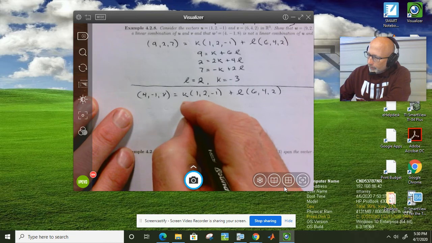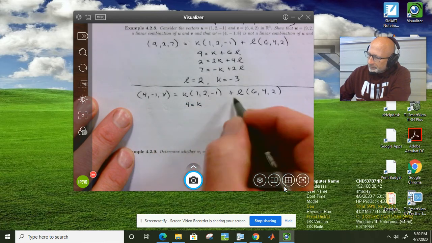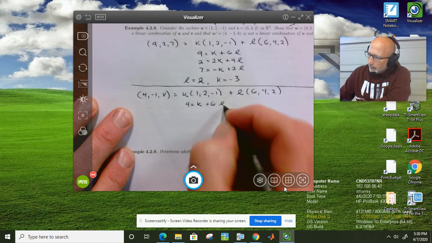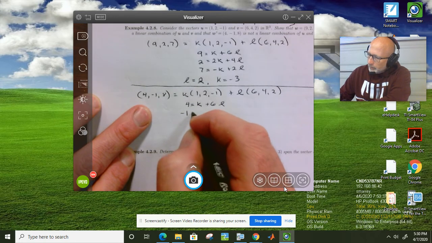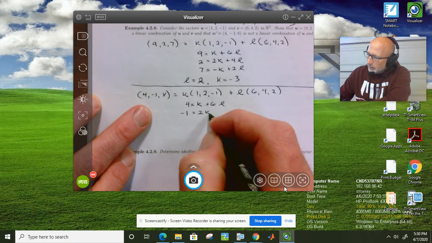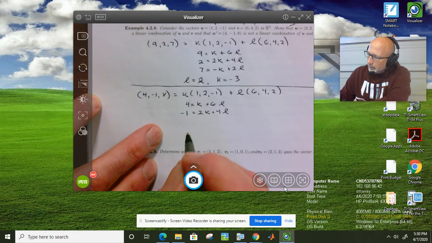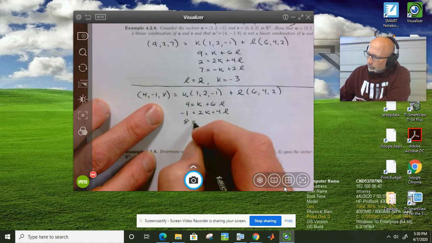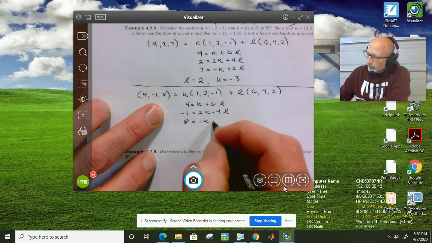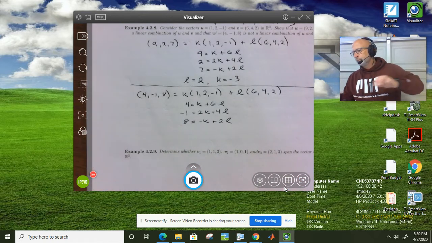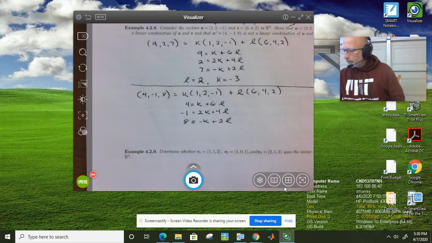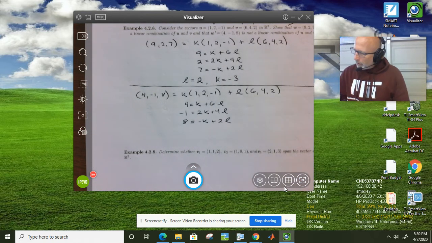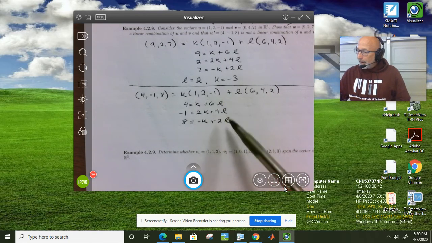So I have 4 equals k plus 6l, -1 equals 2k plus 4l, and 8 equals -k plus 2l. Then I just have to try and solve the system. So maybe I'll focus on the top and the bottom one first.